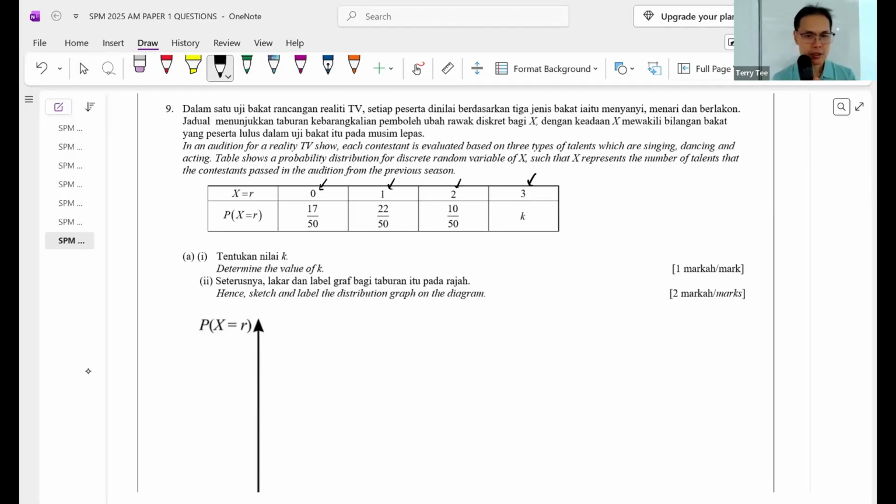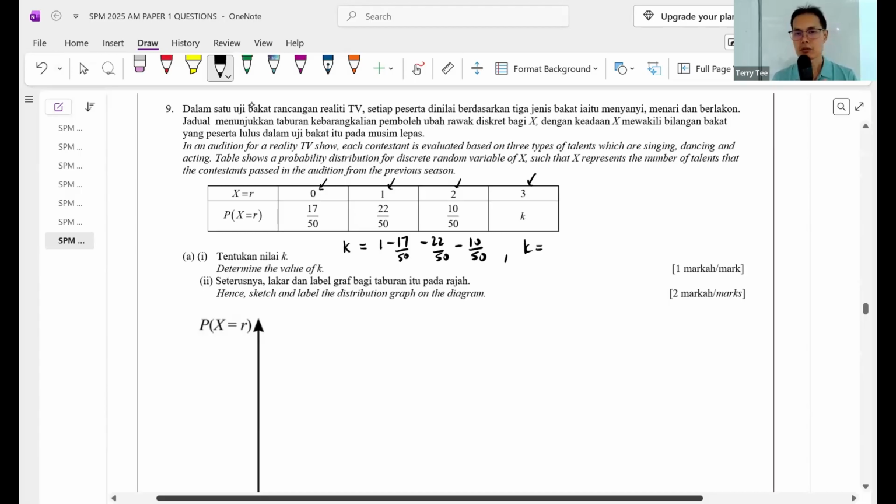How to find k? Guys, how to find k? You all know that total probability is always what? 1. So to find k, I take 1 minus 17 over 50, this is 50, all right, some more 22 over 50, 10 over 50. Can I write k separately?